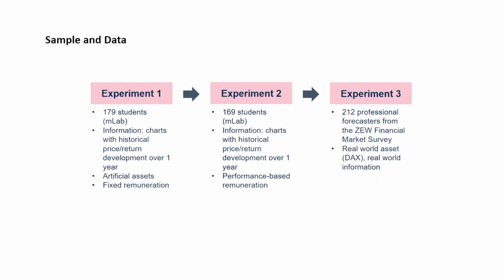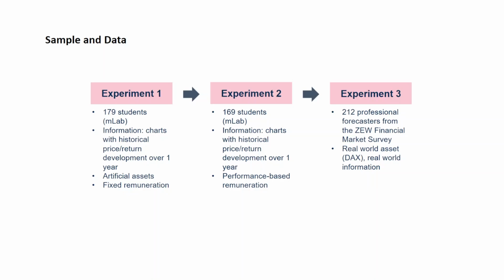Then they wanted to check the robustness and the validity of their outcomes, so they designed experiment 2. In experiment 2, they asked 169 students again, in an artificial situation in the lab of the university, feeding them the same kind of information. This time they just changed one variable, which is the remuneration.